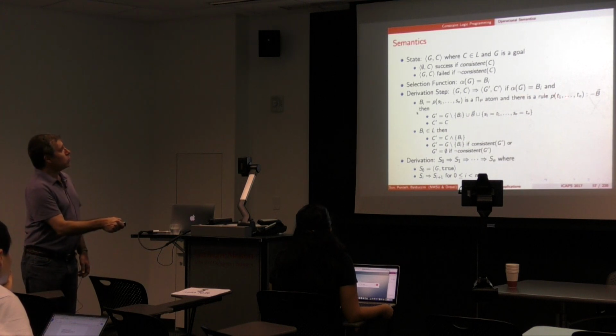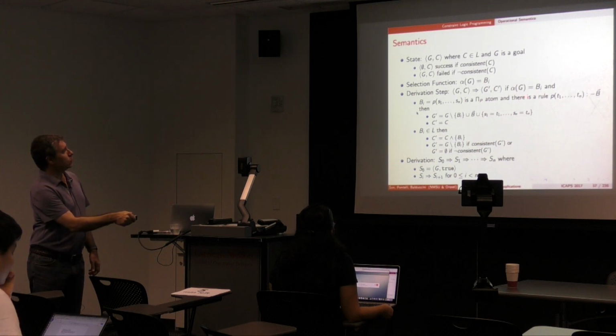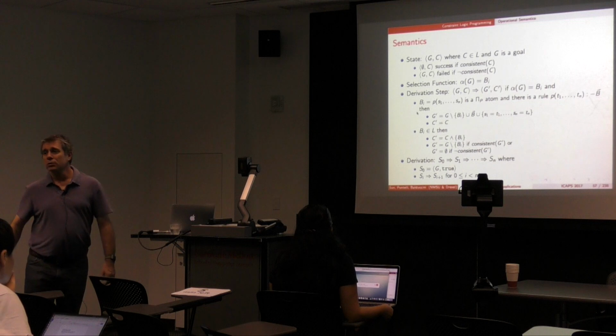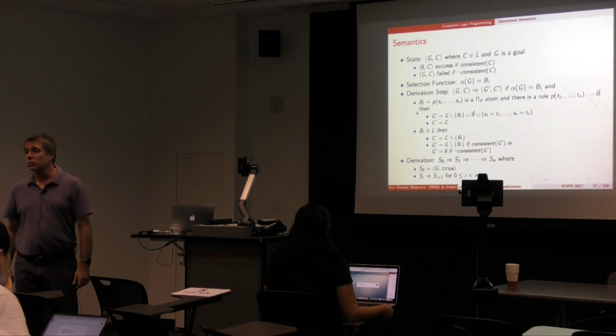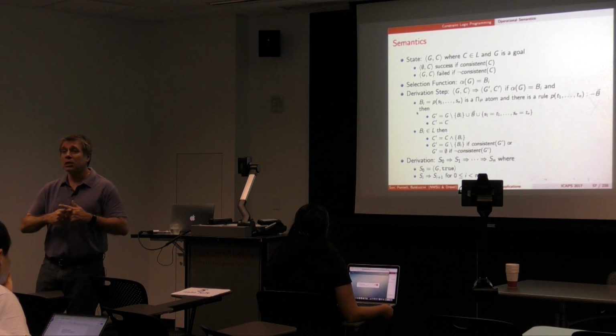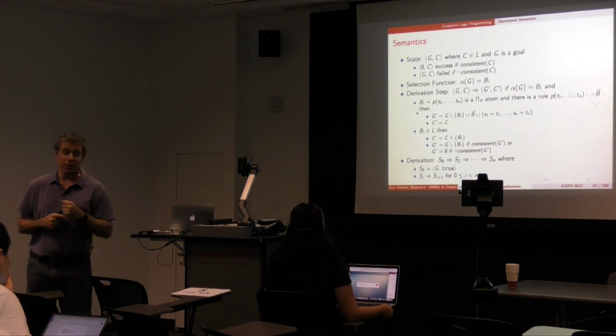I'm going to remove that element from the goal, and I'm going to replace it with the body of the rule, as well as with a collection of equalities that make sure that the head of the rule can be made equal to the selected element. Now, remember, these are not unification as in Prolog anymore. These are equations, because these may have to be addressed by X. Because it may include, for example, arithmetic and things like this.